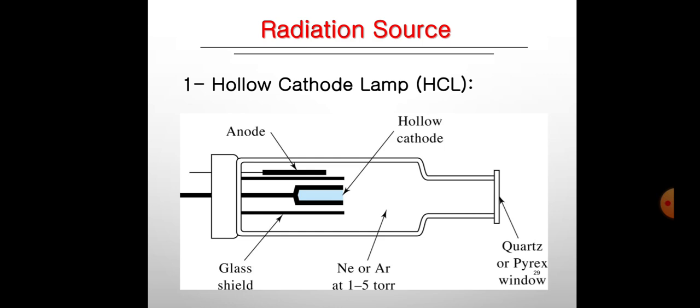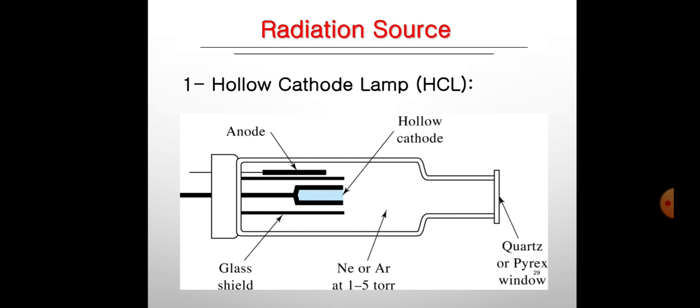The light source that is used in atomic spectroscopy is a line source, not continuous. It doesn't have continuous emission. It has line emission, that is more appropriate for atomic spectroscopy.